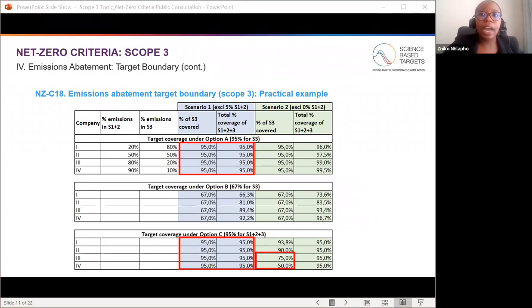These companies would have the option of covering emissions in scope 3 by covering a greater proportion, so more than 95%, of emissions in scope 1 and 2.